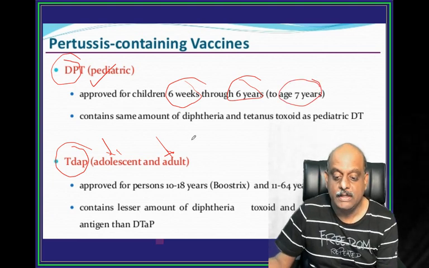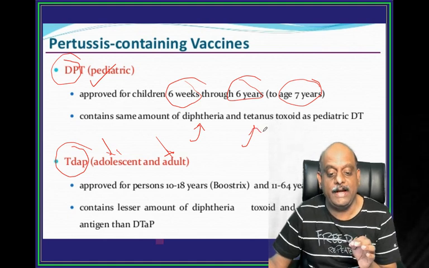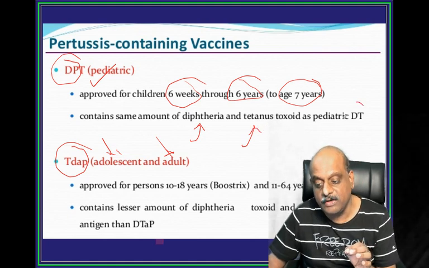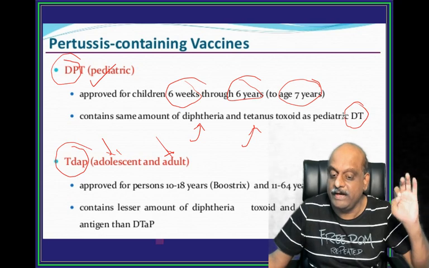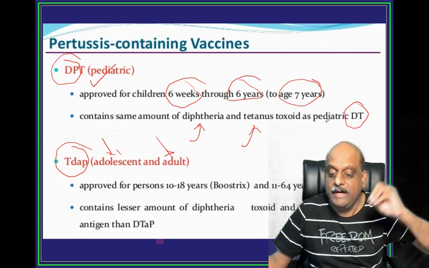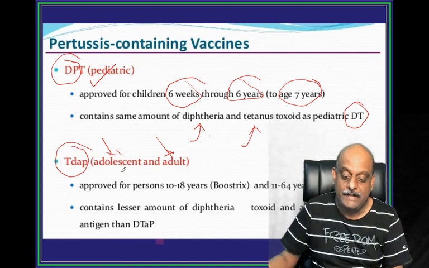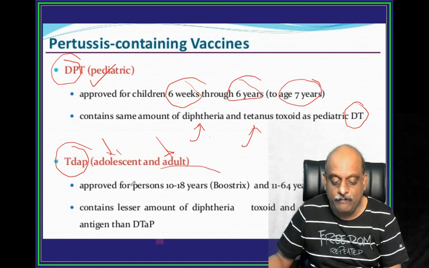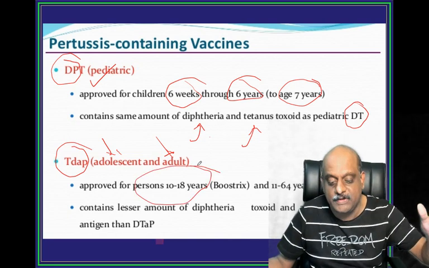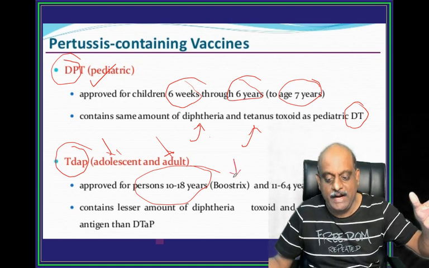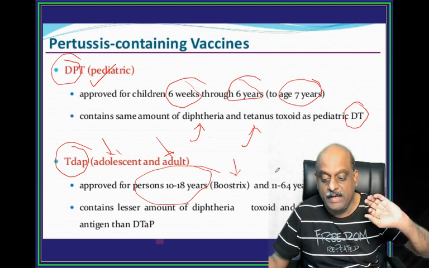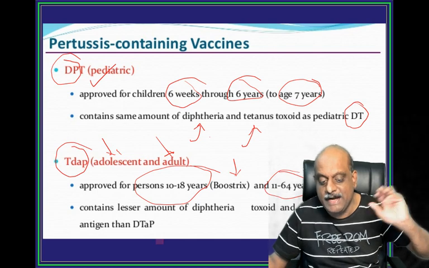Same amount of diphtheria and tetanus toxoid as that of the DT. Whether DT or DPT, the diphtheria and tetanus quantity is the same. TDAP is approved for persons 10 to 18 years if you use the brand Boostrix, 11 to 64 years if it is Adacel.